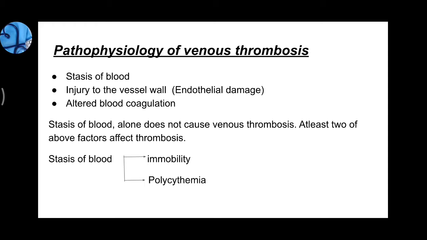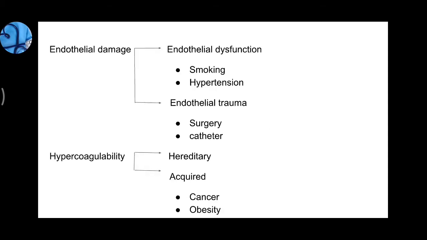Stasis of blood can be caused by immobility and polycythemia. Polycythemia means an increased number of red blood cells in the blood, causing the blood to be much thicker. Endothelial damage can happen directly or indirectly.